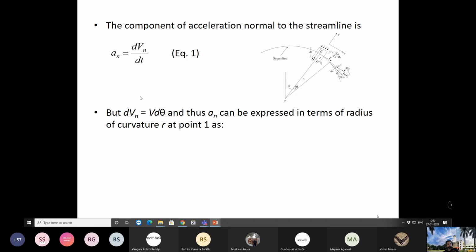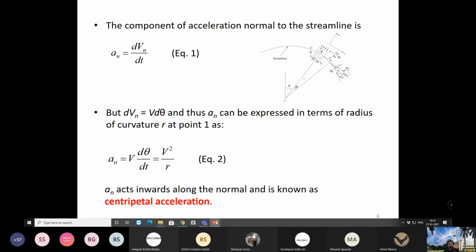So if you put dVn as V d theta in equation number 1, and substitute it in An, what are you going to get? An is V d theta by dt, and d theta by dt is the rate of change of angle, which is V by R. So it becomes V square by R, and I'm pretty sure you have seen this equation before as well.